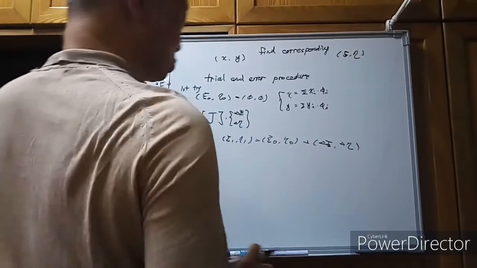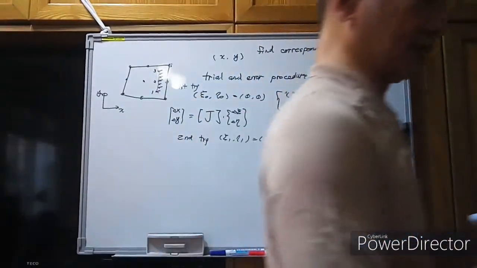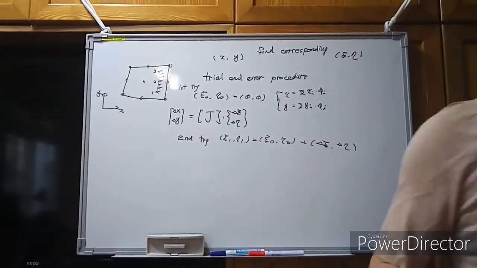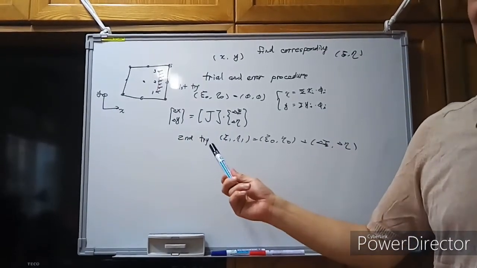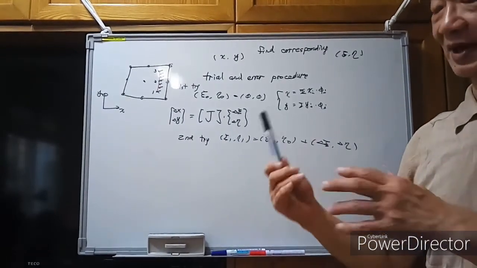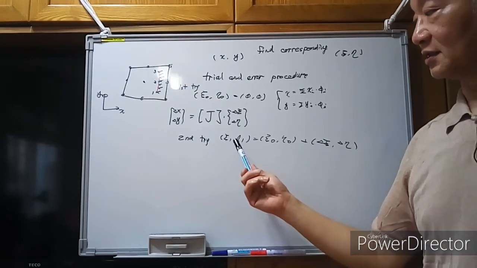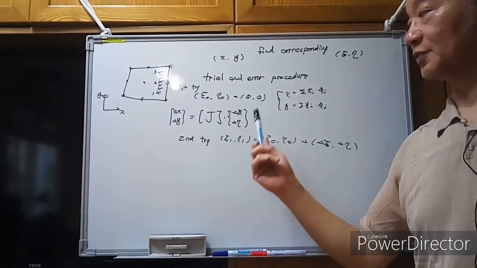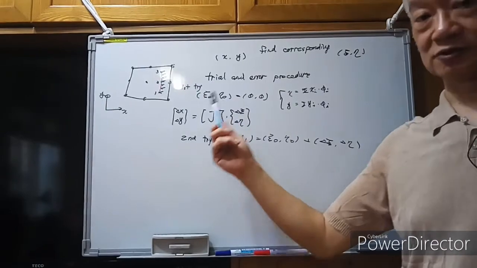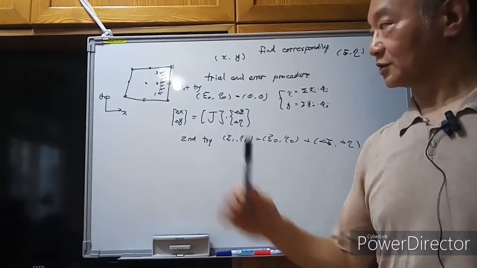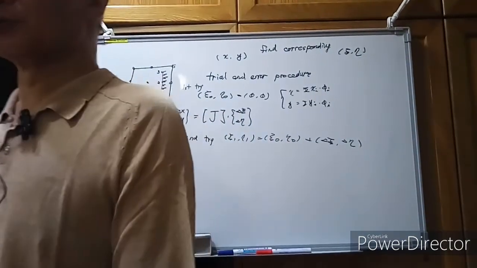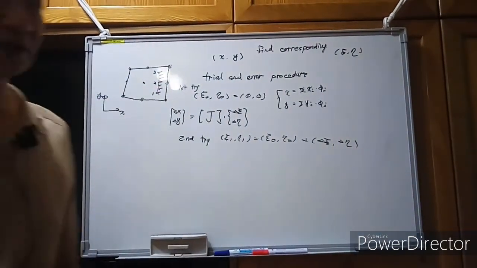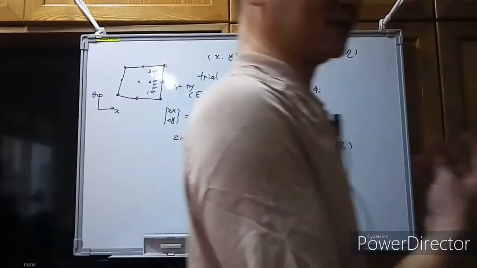We can solve the delta c, delta eta to get a modified c and eta. So we expect the next trial values will be better than the first trial value. After several iterations, you can get a set of approximate c and eta.